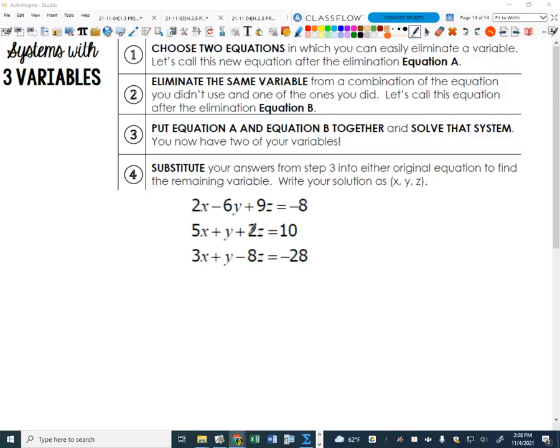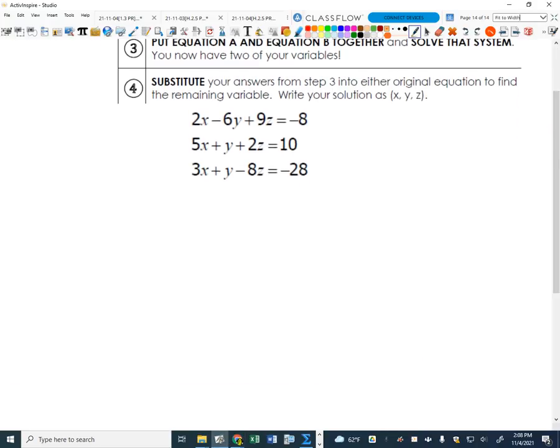Like if I take these top 2 equations, let's start this process. I could leave the top one alone and multiply this one by what to make the y's cancel?